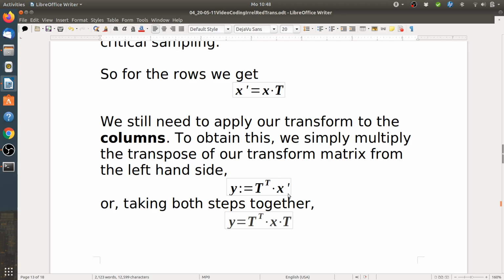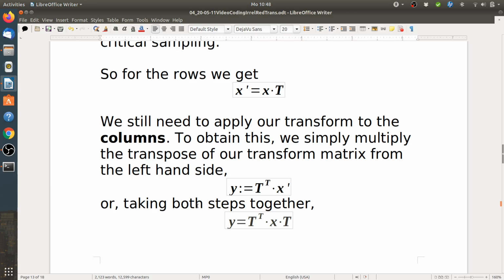So here are our transformed rows. Now we basically transpose our matrix T such that the filters now appear along the rows and multiply it from the left-hand side. In this way we now transform the columns of X.